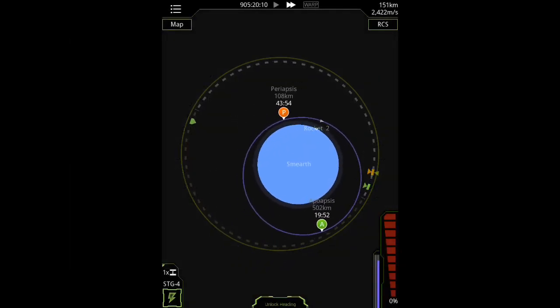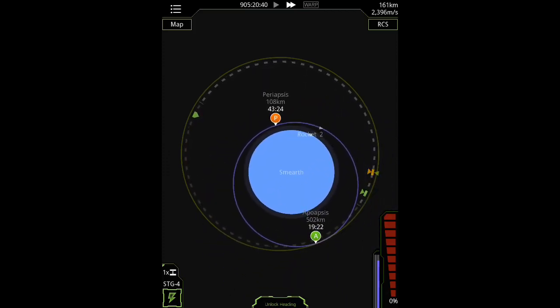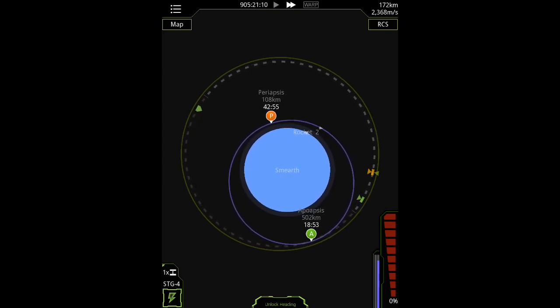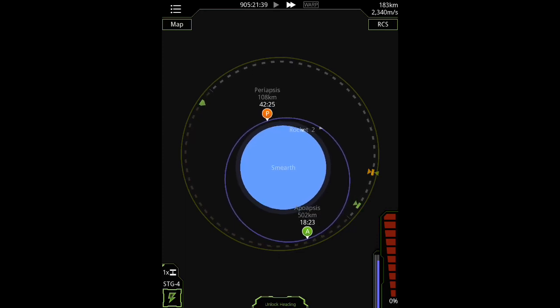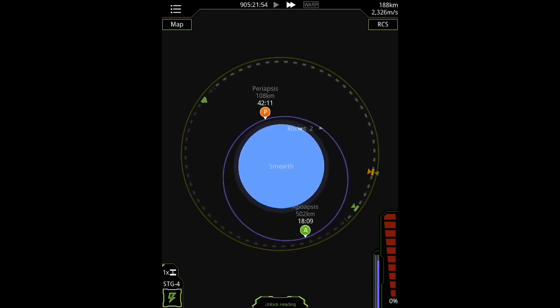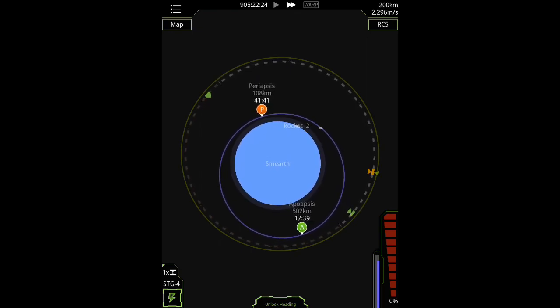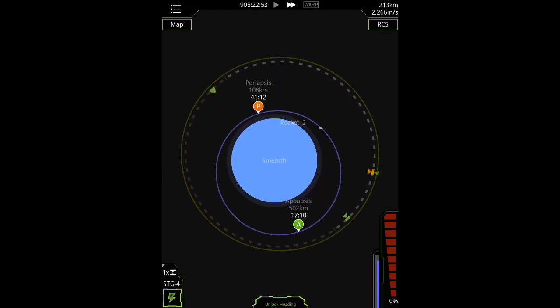You can see our orbit is not circular, and that's what Kepler meant by how orbits are actually elliptical. So as you can see, our periapsis, the lowest point in our orbit, but also the point where our velocity is the highest, is at about 1/5 of the altitude of our apoapsis, where altitude is going to be the greatest, but velocity is also going to be the least.